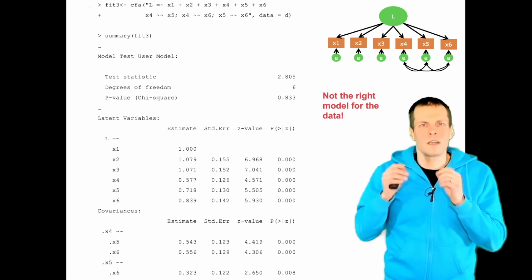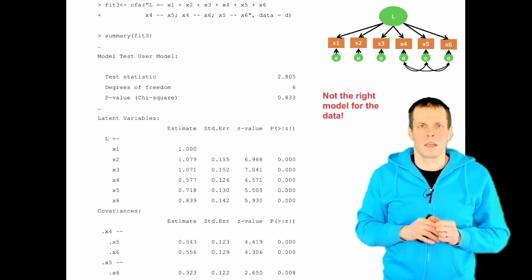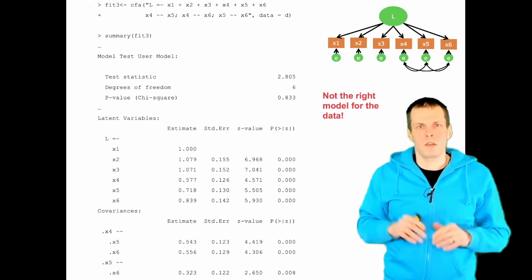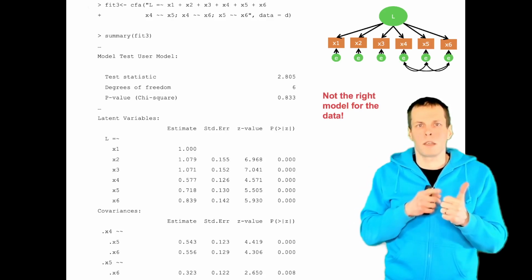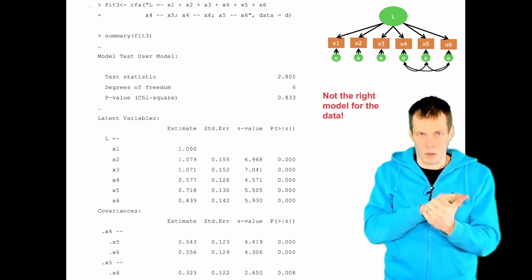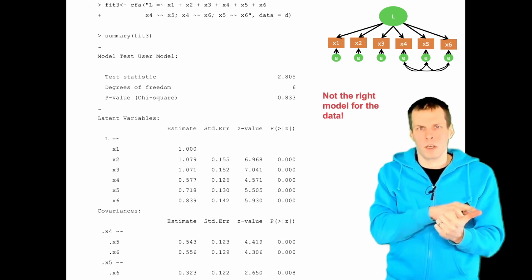But modification indices have no capability of suggesting that. Modification indices cannot tell us that we need to add more latent variables to the model. So that's beyond the capability of modification indices.